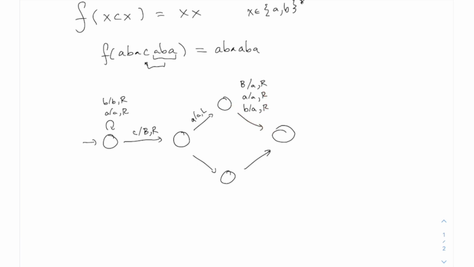So after this arrow, I will be pointing at the letter which I just copied to the left. And then whatever that is, I want to move to the right once more and then back to this state. So it'll say A, A, R, or B, B, R. And then I'm ready to copy the next letter.